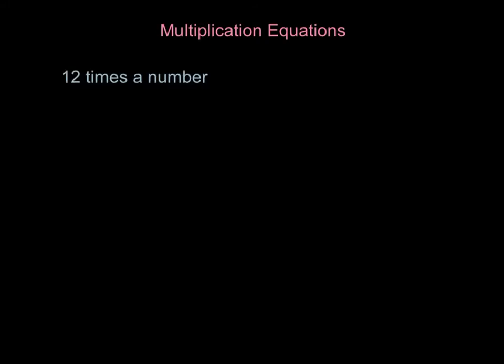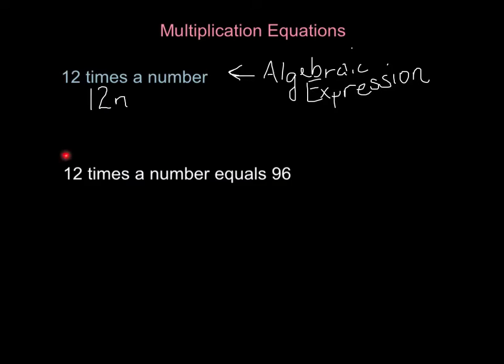So this right here is an example of what we did earlier in the year, which is an algebraic expression. The difference between an algebraic expression and the multiplication equations that we're doing now is that equations will be followed by an equal sign and an answer. So the word phrase we have right here, 12 times the number equals 96, what makes it an equation is that there's an equals and an answer.